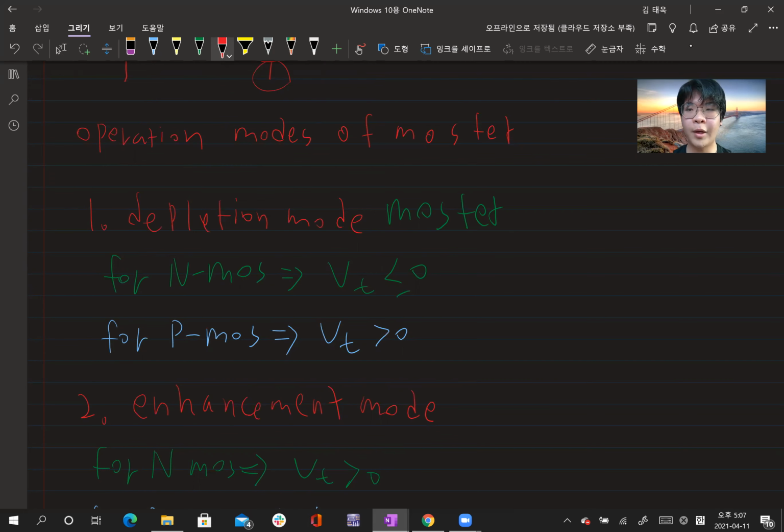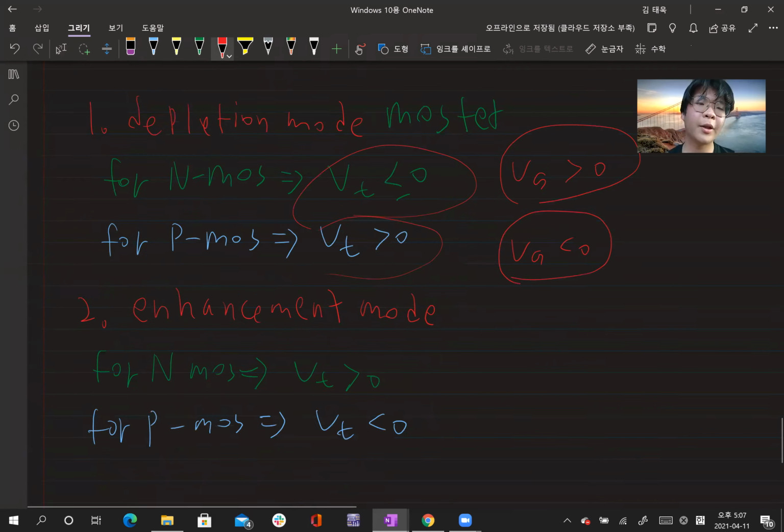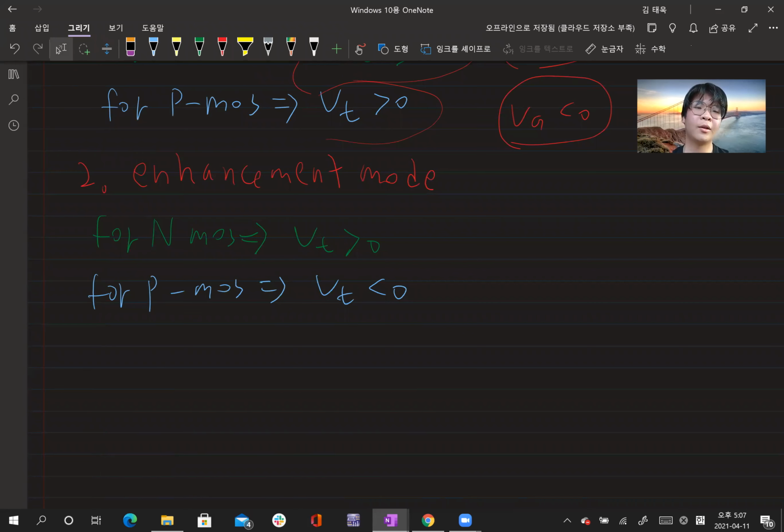So by using these equations, for NMOS the threshold voltage would be below 0, because the gate bias will be positive, and for PMOS the threshold voltage will be over 0, because the gate bias will be negative. On the other hand, in enhancement mode, in NMOS the threshold voltage would be over 0. On the other hand, PMOS would be below 0.